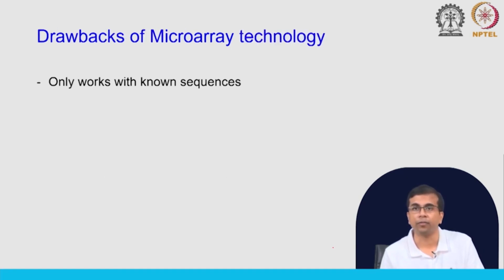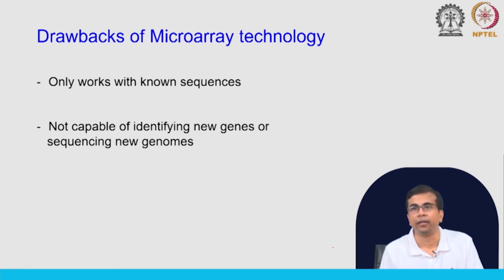With this discussion you can probably now understand the drawbacks of microarray technology. It only works with known sequences; you cannot sequence anything that is unknown to you. You first need to figure out the genome sequence or cDNA sequence before you can use microarray technology. It is not capable of identifying new genes or sequencing new genomes.